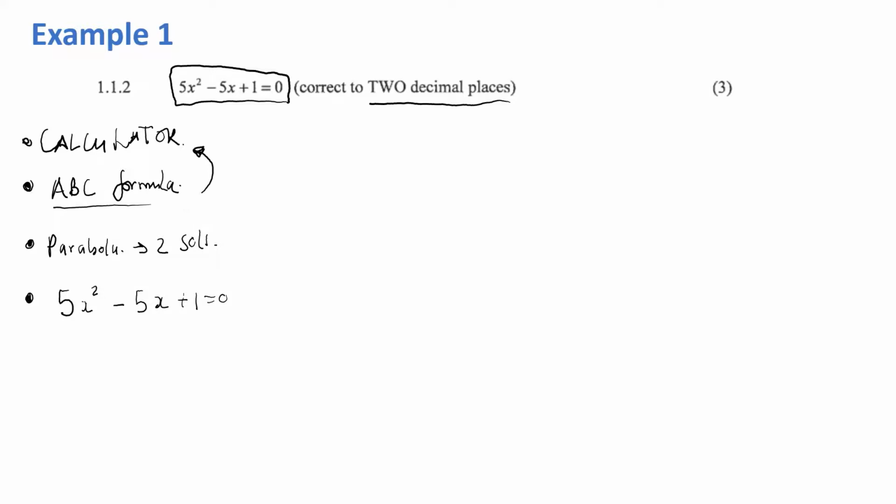I'm going to simplify this equation by dividing it by 5. And therefore, I get x squared minus 1x plus, well, 1 over 5, and that's 0.2. But I'm going to keep it 1 over 5, and that equals 0. Okay, so I've just simplified it.